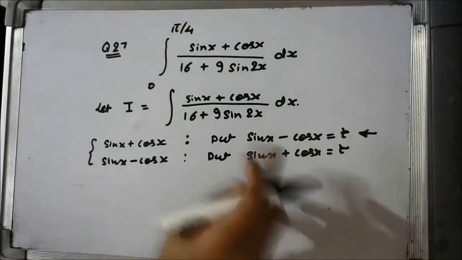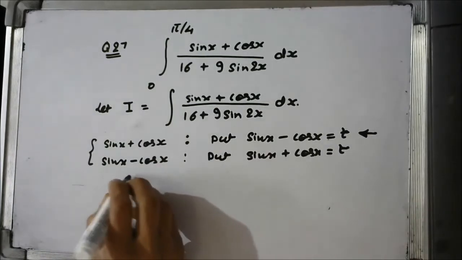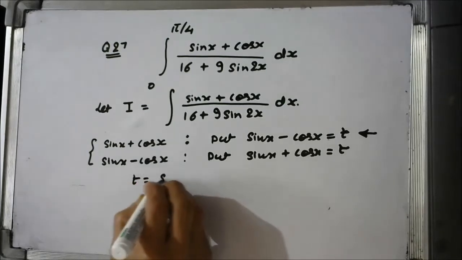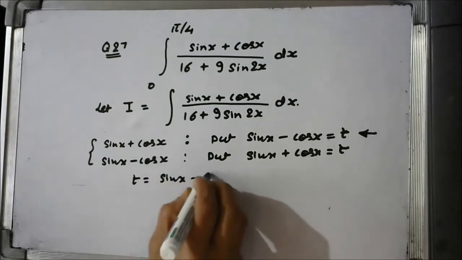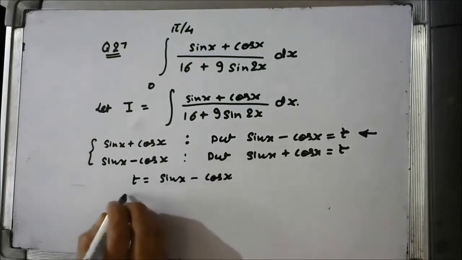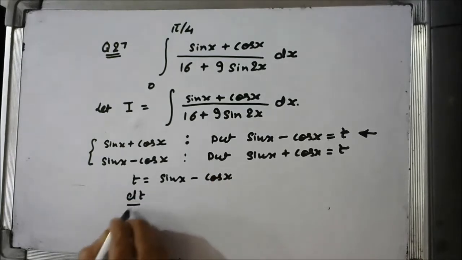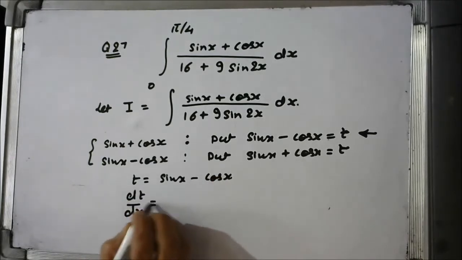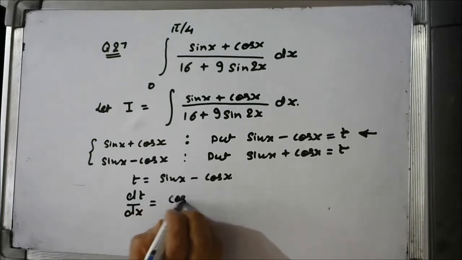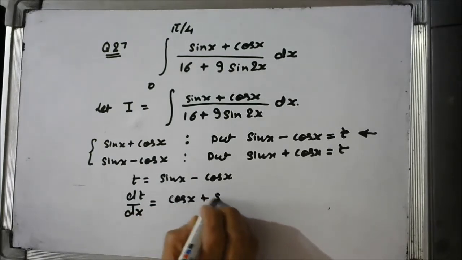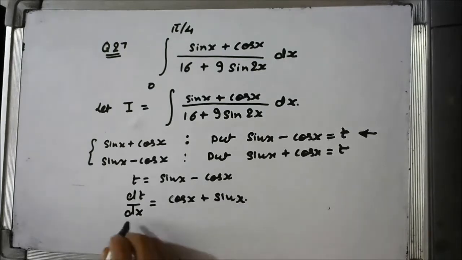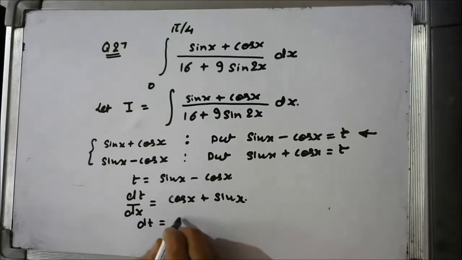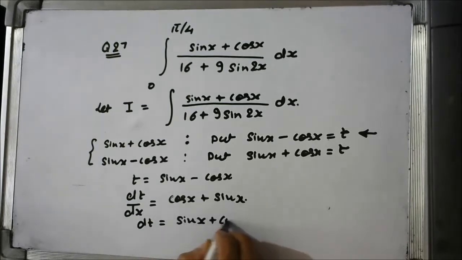Now with that substitution, if t is sin x minus cos x, then we take the derivative, which is cos x plus sin x. So our numerator gets adjusted beautifully in the dt term.